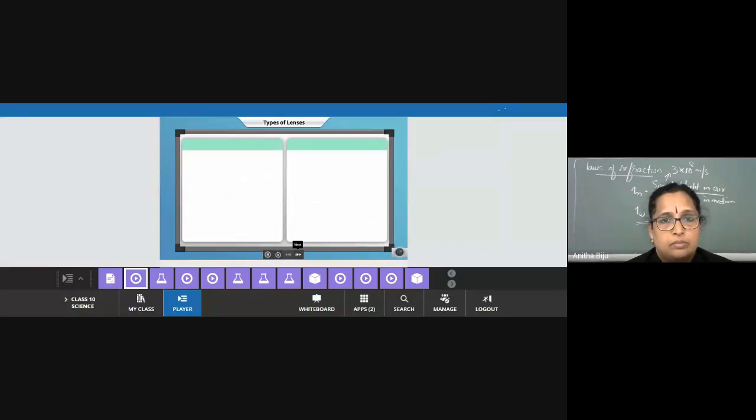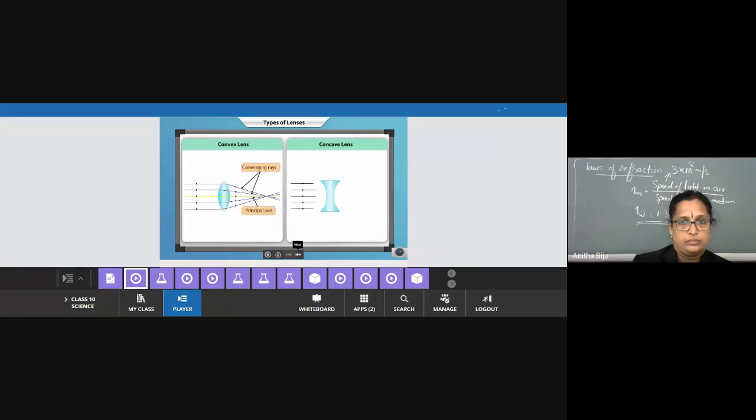A converging or convex lens converges rays of light that travel parallel to its principal axis. A diverging or concave lens diverges rays of light that travel parallel to its principal axis.